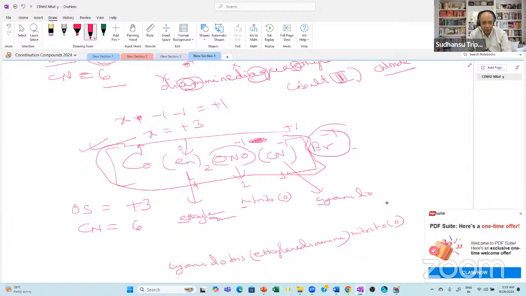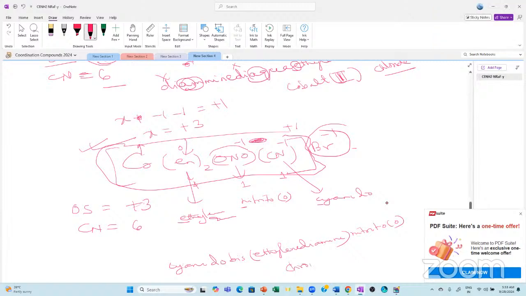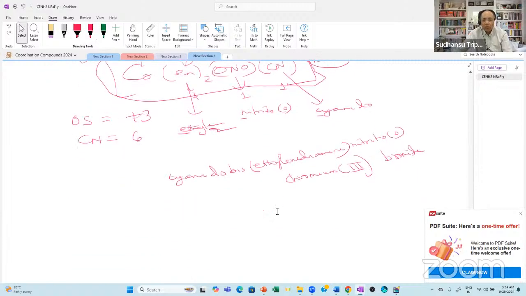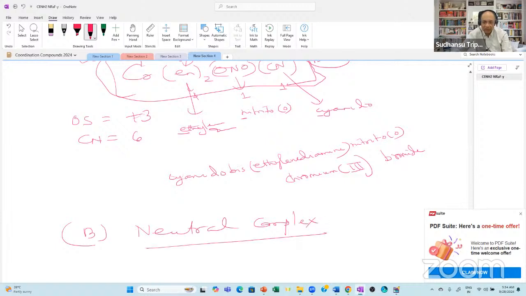Then coming to chromium, chromium(III) bromide, then the counter ion bromide. So this is the way you have to name a complex. And the neutral complex has no anion as counter ion, so there is no conductivity.